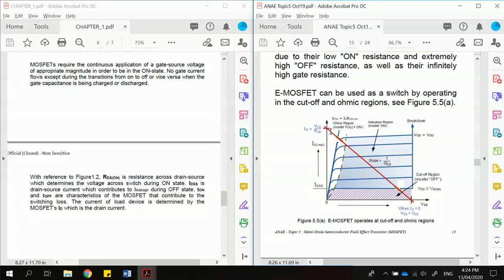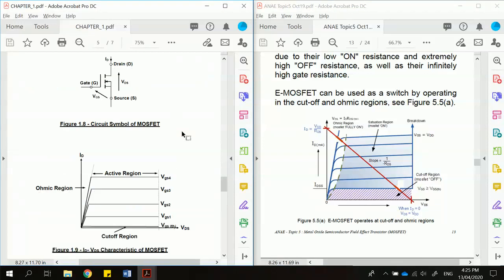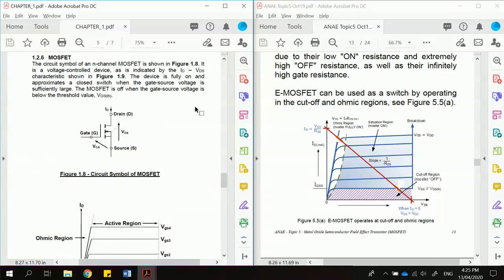So it actually takes on this side of the curve. The I drain is high, and at the same time, to the left of the green dotted line, the VDS is actually around this area. This VDS over here is closer to 0 volt, because VDS is the voltage across the D and S, and D and S is actually the switch.